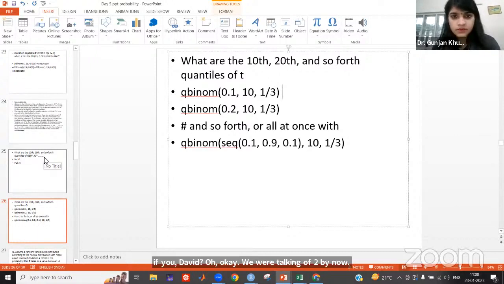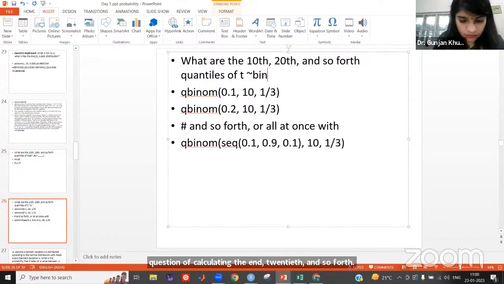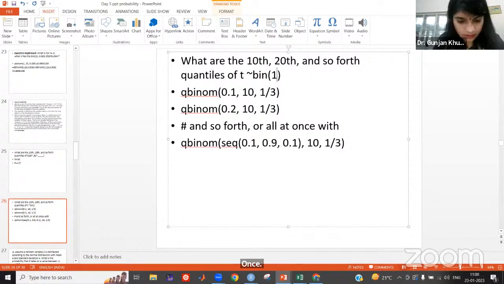I did this question of calculating the 10th, 20th, and so forth quantiles of a distribution T, where T follows binomial with n equal to 10, comma 1/3. Is that okay?